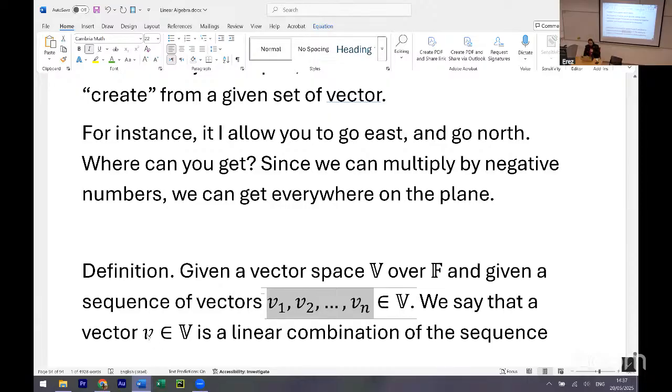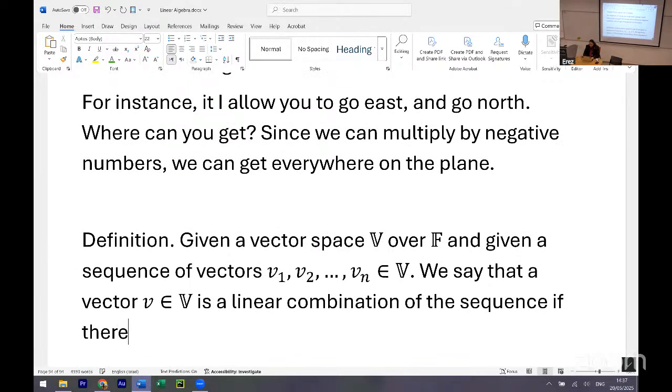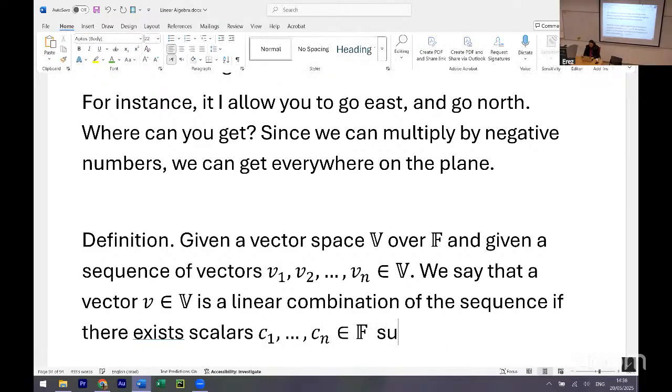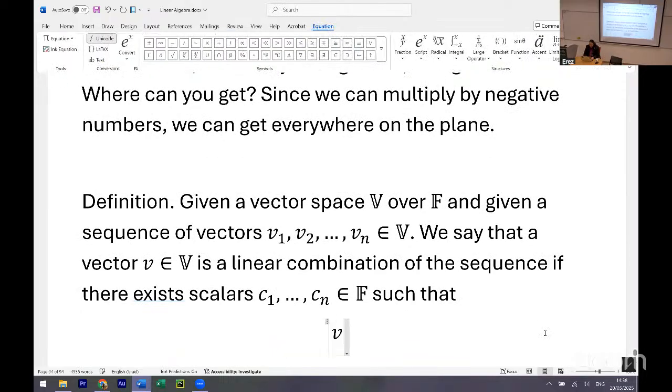And a vector V is called a linear combination of this sequence if I can get to it. And what does it mean, get to it? If there exist scalars C1 to Cn within the field, obviously, such that V is C1 V1 plus ... plus Cn Vn.